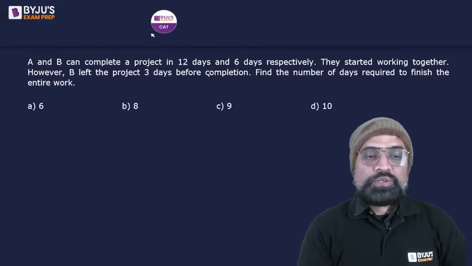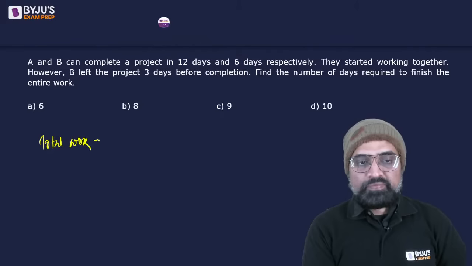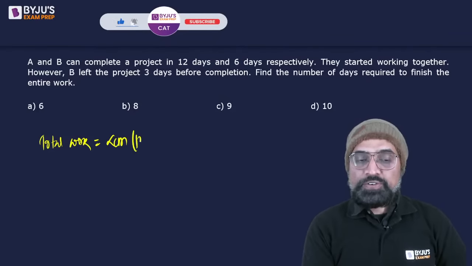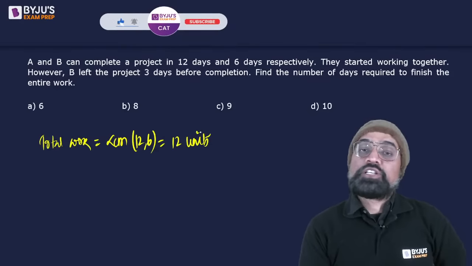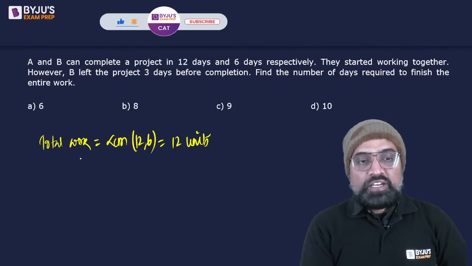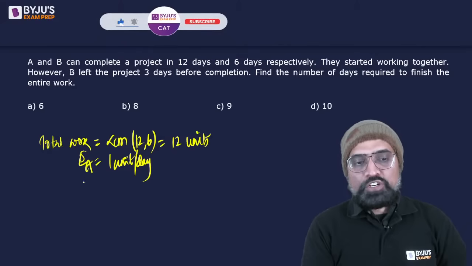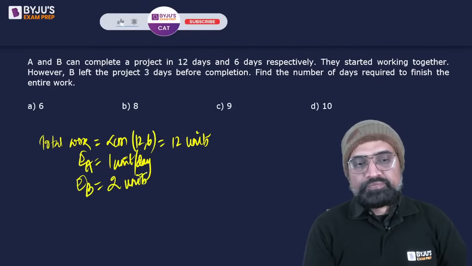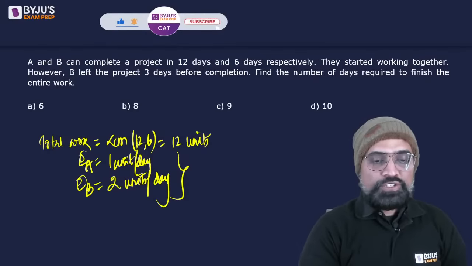So what we have to do is quickly take the total work as the LCM of the durations, right? Take the LCM of 12 and 6, 12 units. So let's assume there is a total of 12 units of work. Now, the efficiency of A is going to be 1 unit per day. And the efficiency of B is going to be 2 units per day. So 12 units we need to finish.